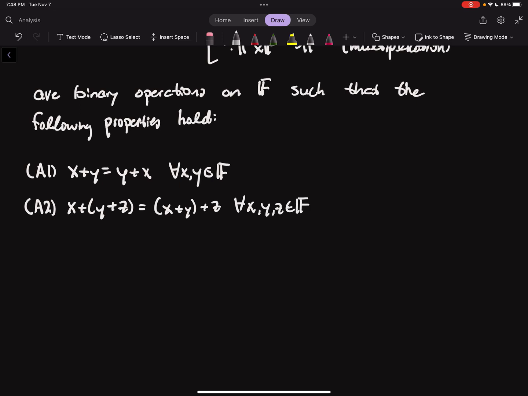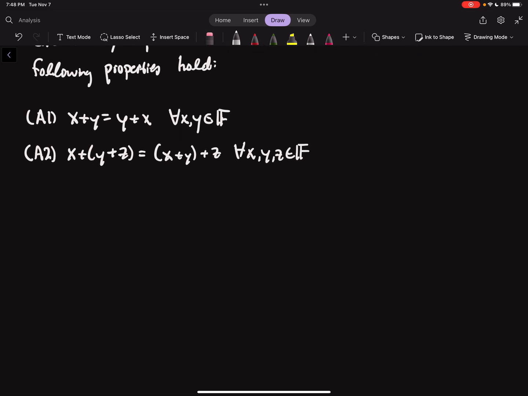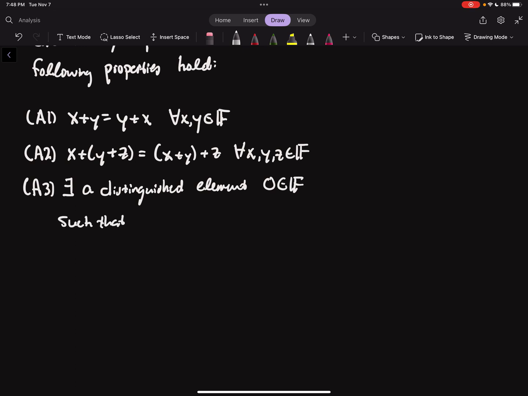And by that we really mean the value of this sum doesn't depend on bracketing. And the third one is that there exists a distinguished element 0 such that x plus 0 equals x for all x.